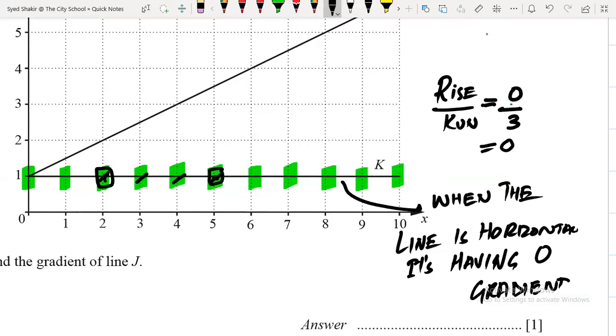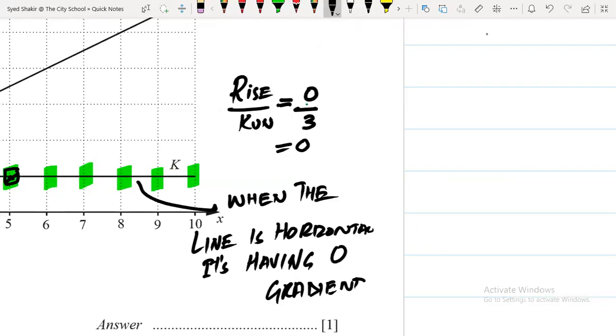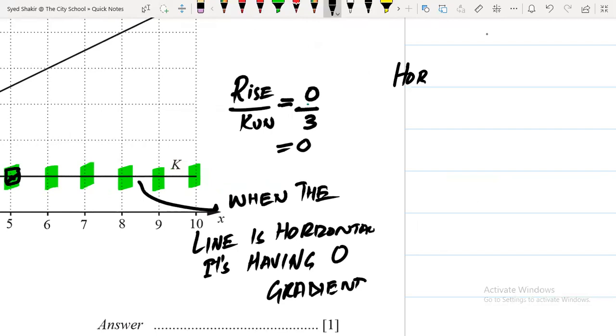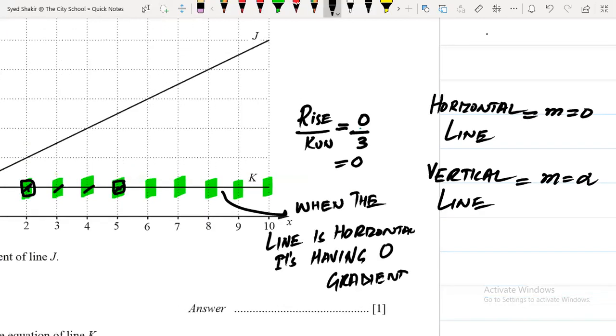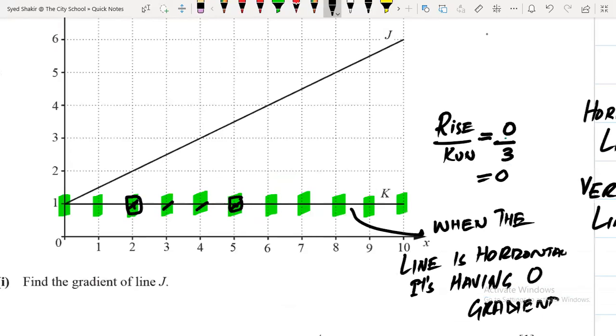A horizontal line has 0 gradient, 0 steepness, 0 slope, and a vertical line has undefined gradient, maths error gradient. Okay, then let's check the J line, the rising line.